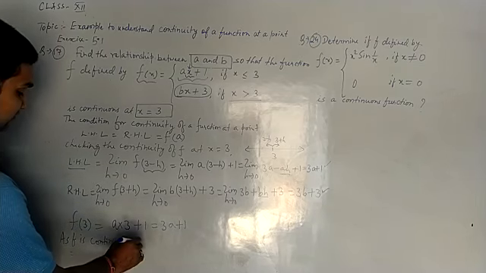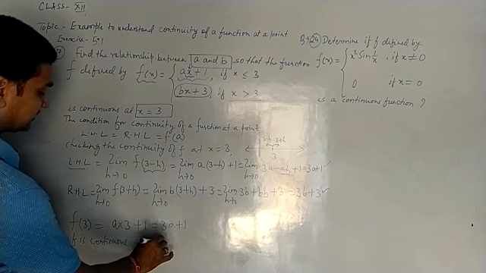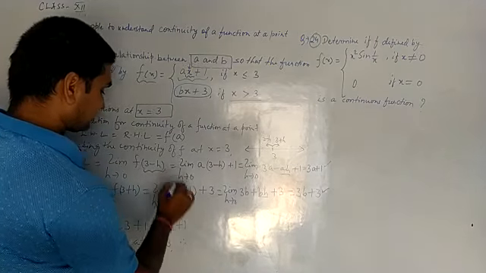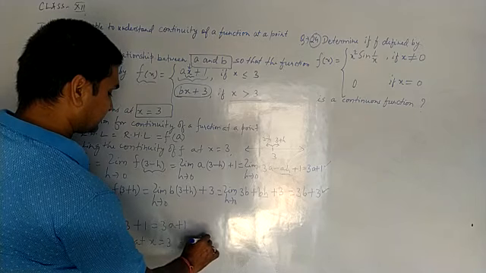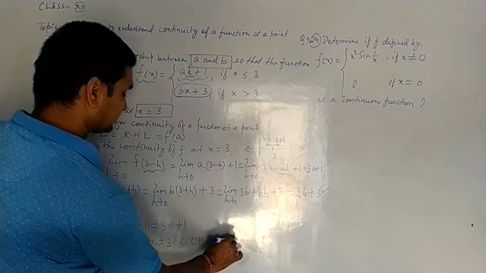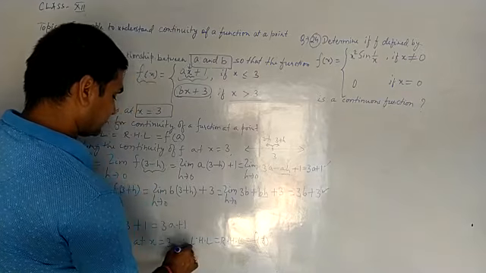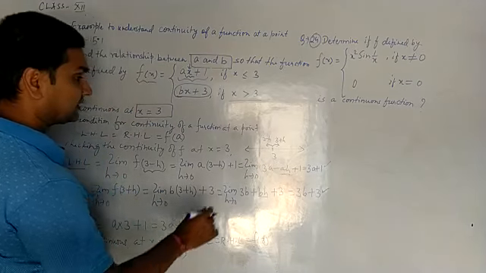As f is continuous at x is equal to 3, therefore LHL must be equal to RHL must be equal to f3. So that will give you what?